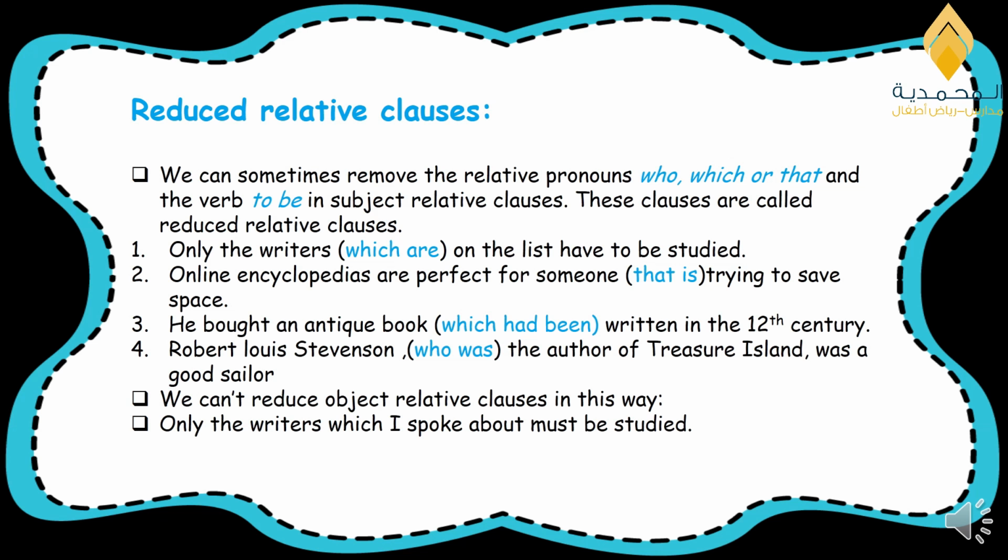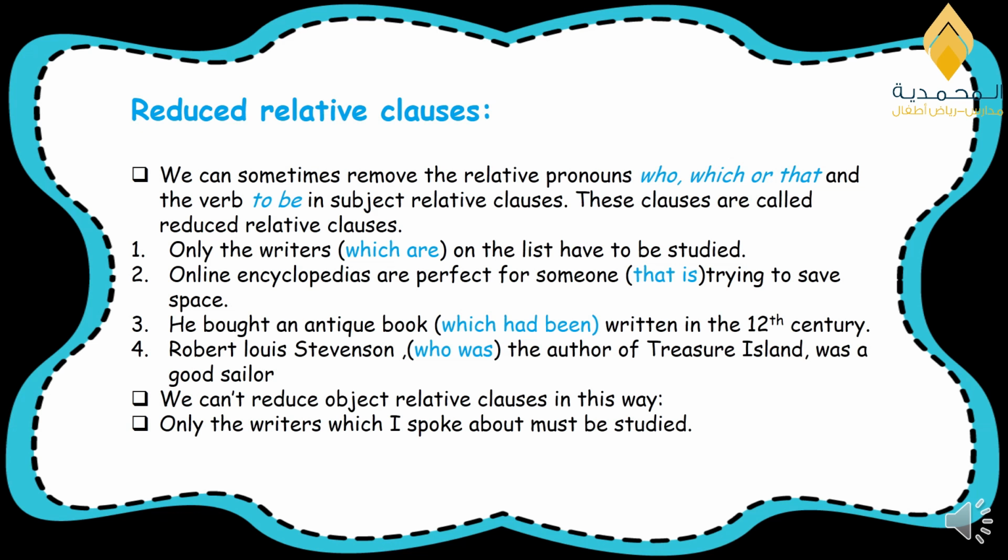Example number 1. Only the writers which are on the list have to be studied. I can say, only the writers on the list have to be studied. And both of them are correct. So, when I'm removing the relative pronoun and the verb to be, I will have a reduced relative clause.